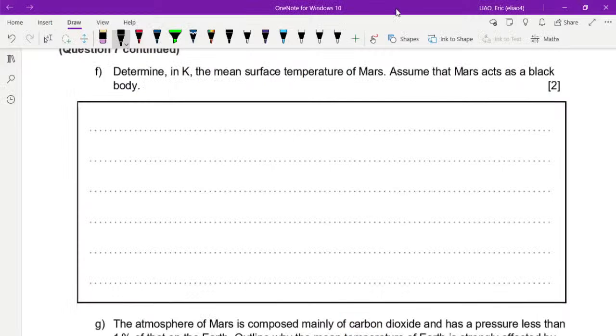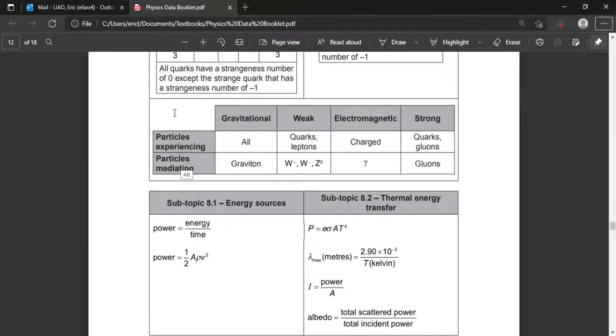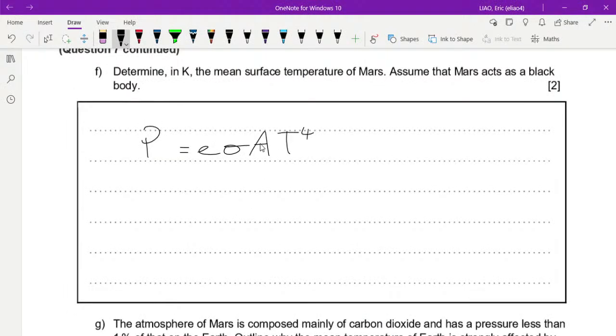Or is this the question? 800 divided by sigma area. Oh, P is also equal to I times A. Wow.